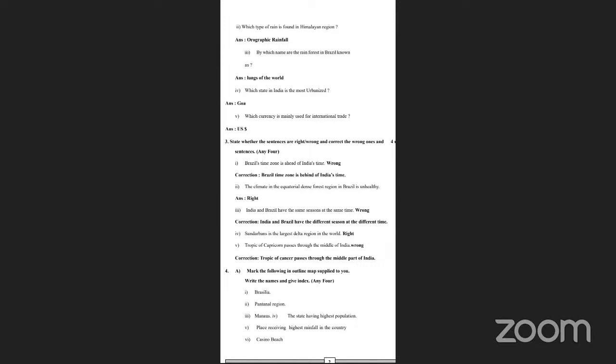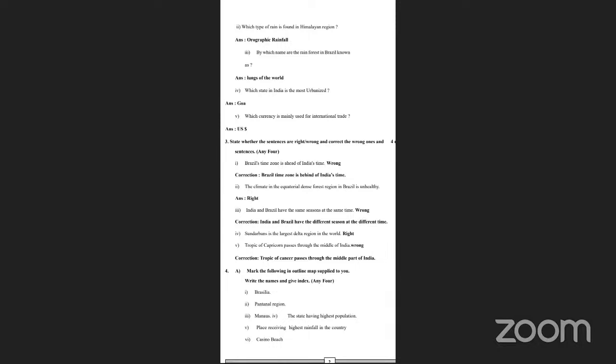India's time is ahead of Brazil's time, and the reason is that India lies to the east of GMT while Brazil lies to the west of GMT. Clear? So the correction is Brazil's time zone is behind India's time zone.